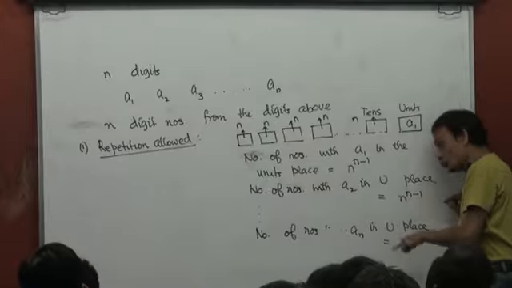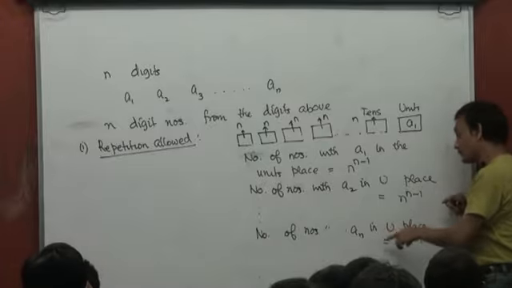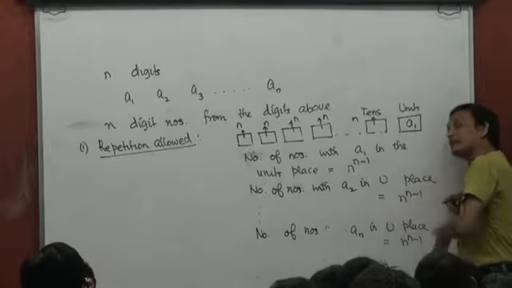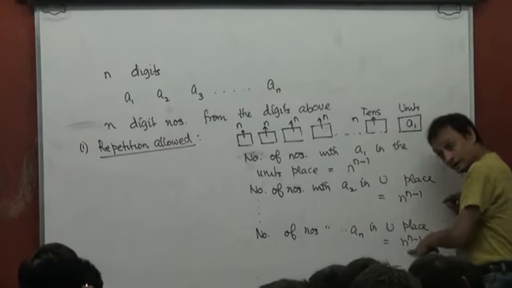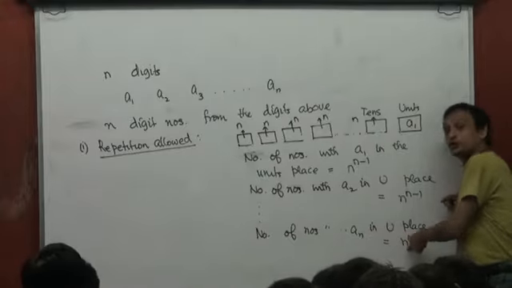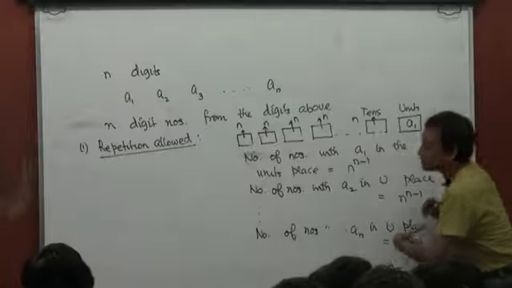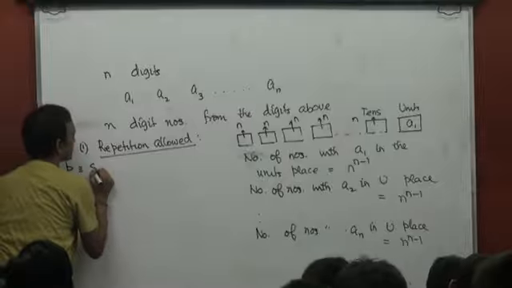And then I collect all the numbers with An in the units place and add all the Ans. How many Ans are there? These many. So if I add all the Ans, it's going to be An into n to the power n minus 1, right?